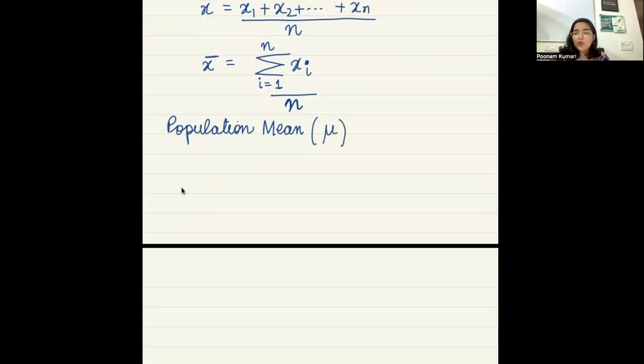This is called mu. So whenever you see this term mu, you think about population mean, that you have a population and the mean value of those population numbers is given. So population mean is basically the average of all the values in the population.